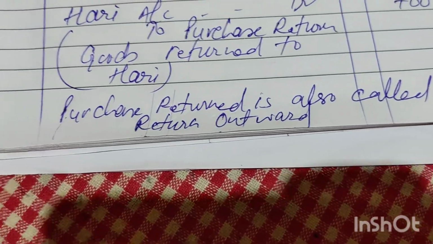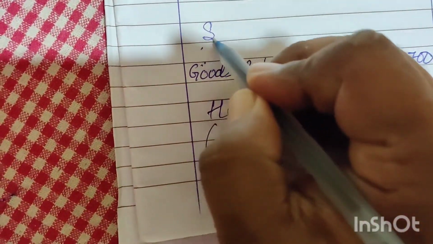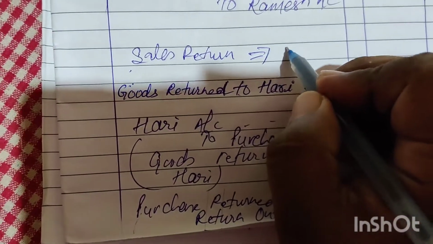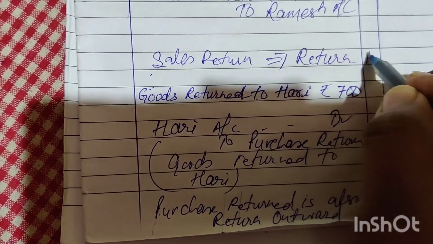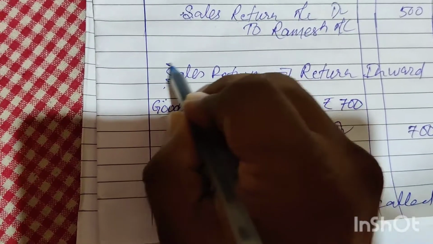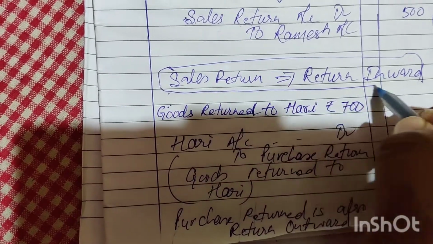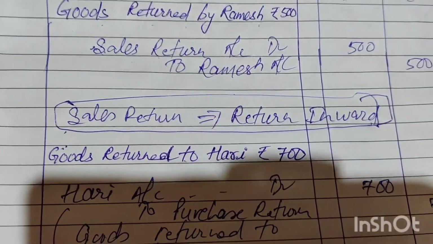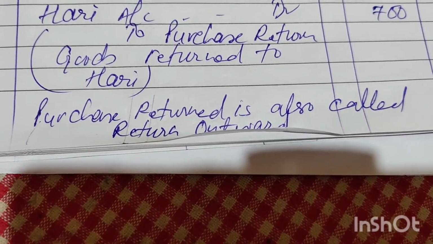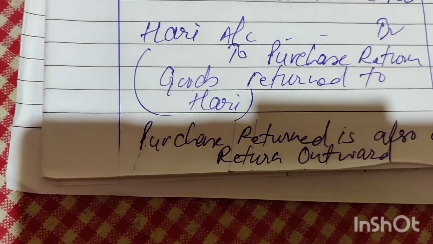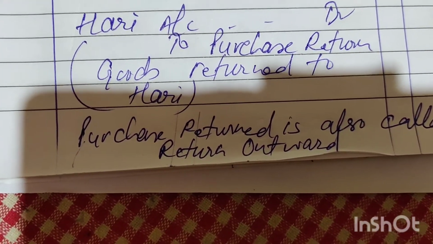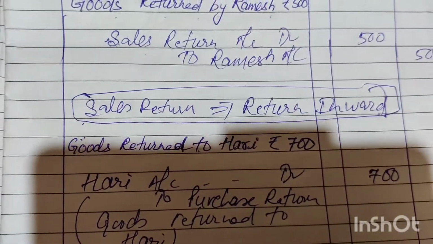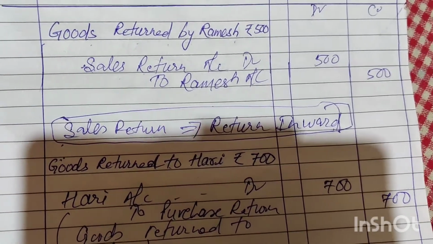Purchase return is also called return outward, and sales return is also called return inward. Return outward is purchase return, and sales return is return inward. So this is about the journal entry of returns.